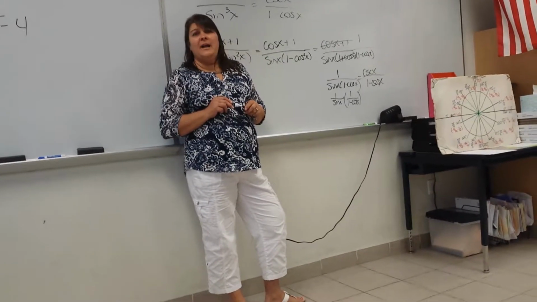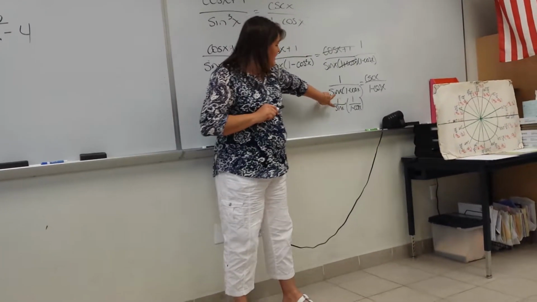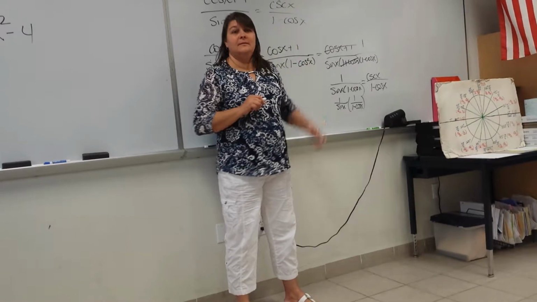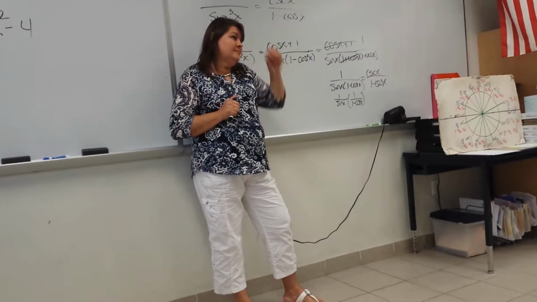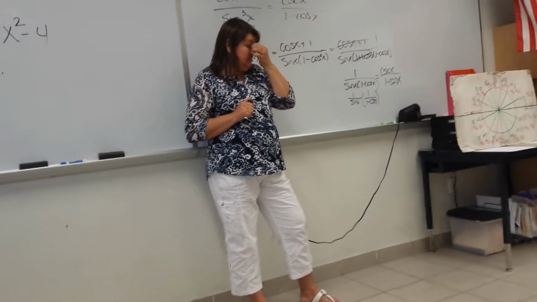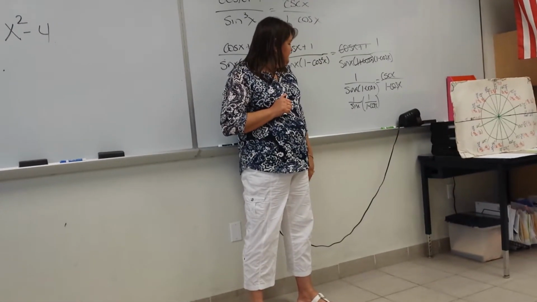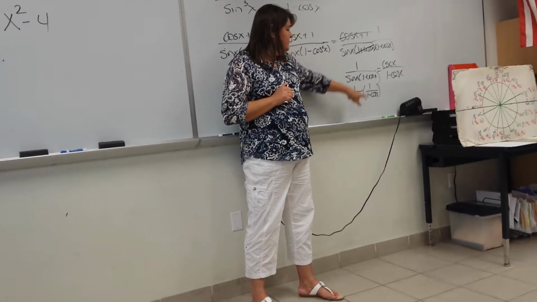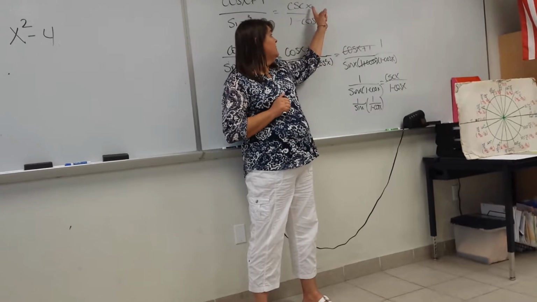I think we've done that before. I just did it in my head, unfortunately. And I recognize that this becomes cosecant. Then you flip it out, and then I flipped it up. 1 over sine is cosecant. Cosecant over 1 times 1 over 1 minus cosine is cosecant over 1 minus cosine.